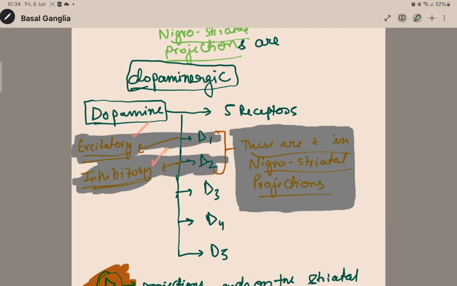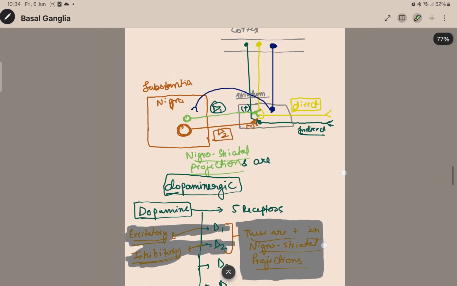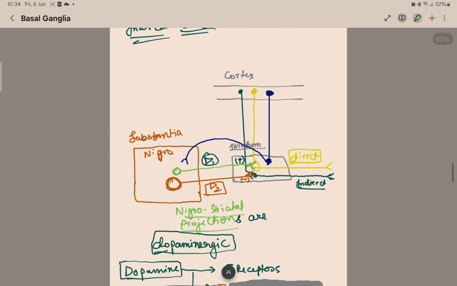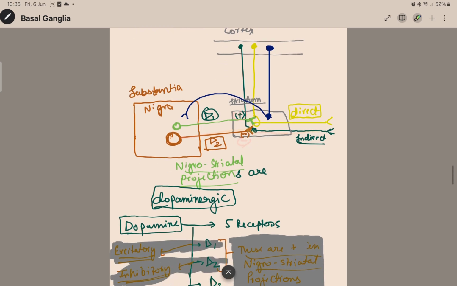Now the nigrostriatal projection to the direct circuit is excitatory, and to the indirect circuit is inhibitory. Nigrostriatal projections are dopaminergic.